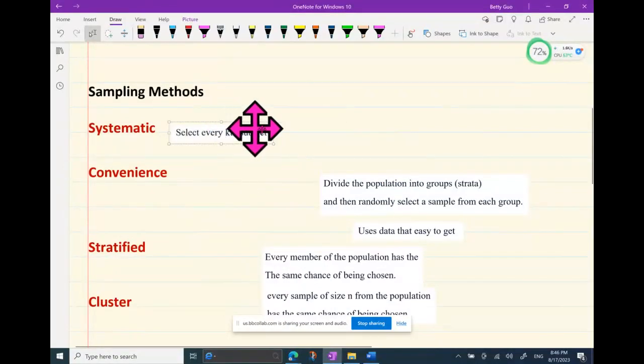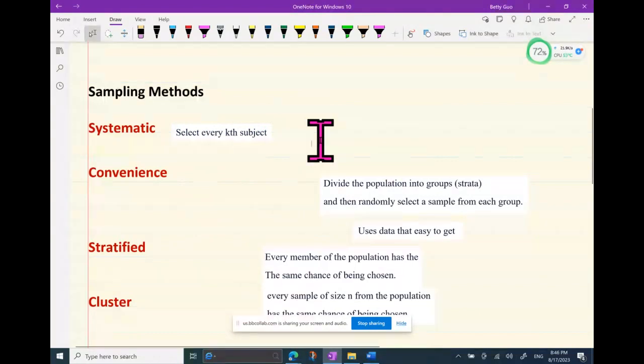Which one is systematic? This one. Let's say you want to do a survey about people's opinion of a certain product. You stand outside the mall, by the gate, and you pick every third person that you see.